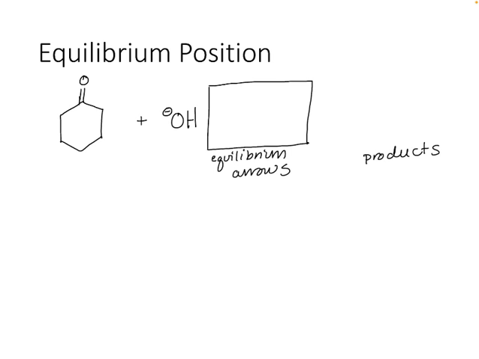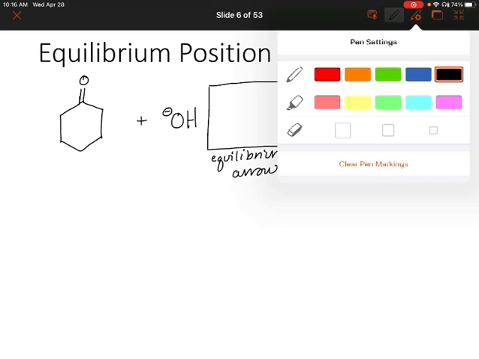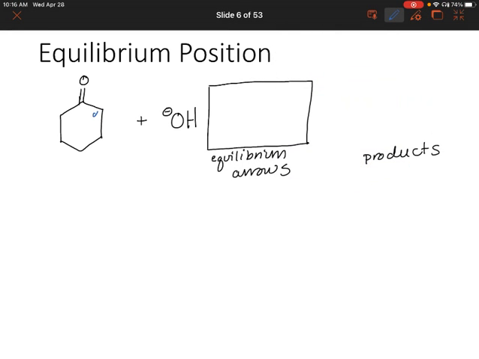So we said previously that if you have a catalytic base reacting with your ketone, it's going to grab onto an alpha proton and eventually will form an enol.